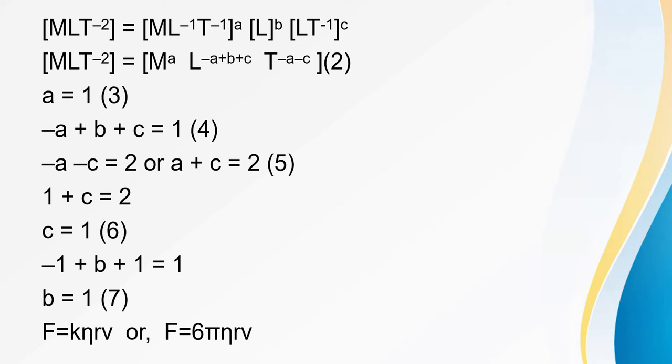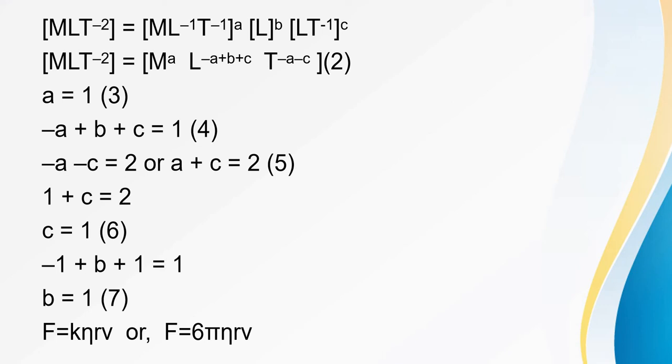If you compare the powers of M, L, T, the left hand side and right hand side should be equal, dimensionally correct. So we can write M raised to a is equal to M raised to 1, or a is equal to 1, that we write as equation 3.